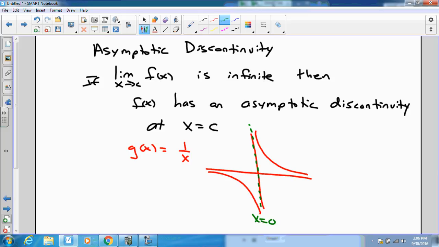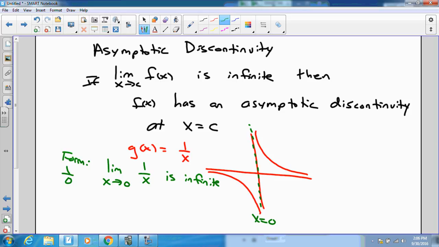And I have an excluded value at x equals 0. And lo and behold, when I take the limit as x goes to 0 of 1 over x, that limit, because of the form, we know it to be infinite.